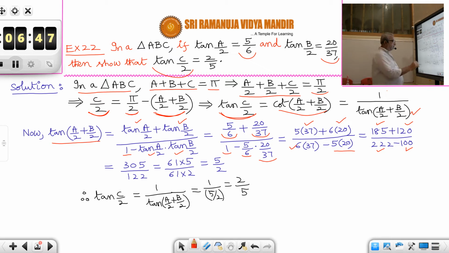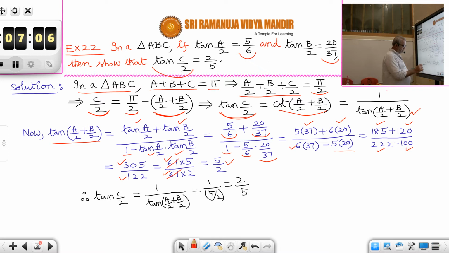So you will get 305 by 122. But luckily 305 is 61 into 5. Denominator 122 is 61 into 2, where 61 is a prime number. Okay, so 61 gets cancelled and you get simply 5 by 2.